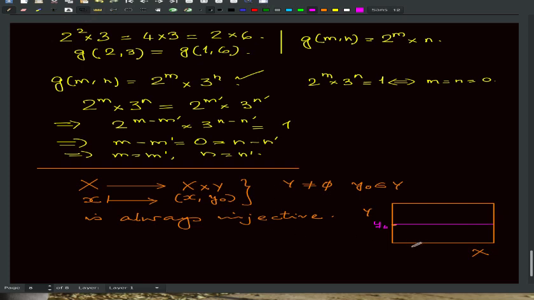So you see, for each y over here, there are copies of x sitting inside x cross y. Similarly, for each fixed x naught, y is sitting inside your x cross y. So you see, this is a very nice idea to utilize.